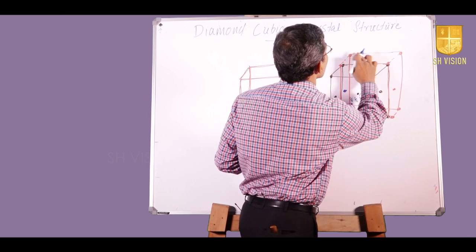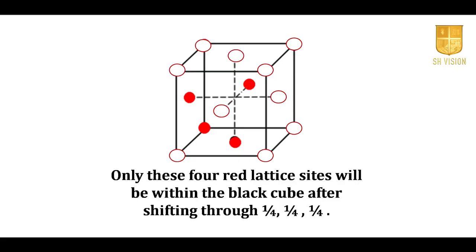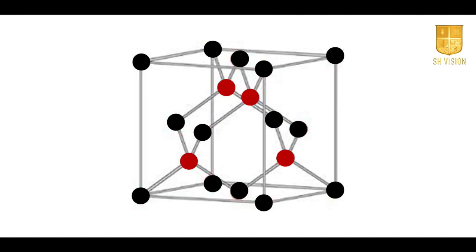So only these 4 atoms attached to this red Bravais lattice are within this black cube. So within the black cube now we have 8 corner atoms, 6 face center atoms, and 4 additional atoms coming from the second Bravais lattice. So this is how we get the diamond cubic crystal structure.